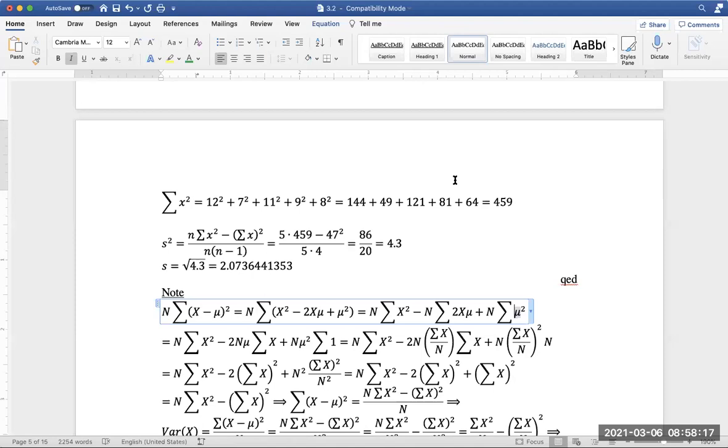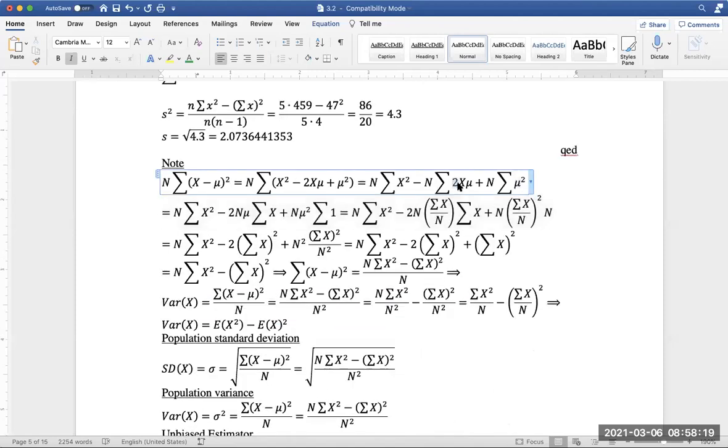Since 2 and mu are constants, I'll bring them out in front of the summation. Since mu squared is constant, I'll bring it out in front of the summation. The sum of 1 is n. Mu is equal to the sum of x over n.